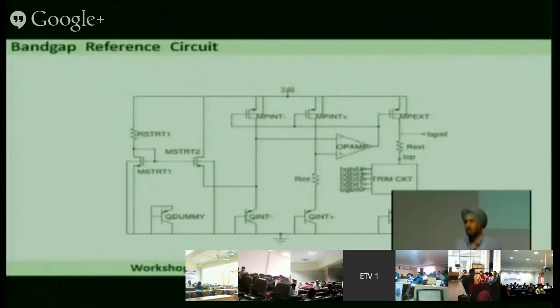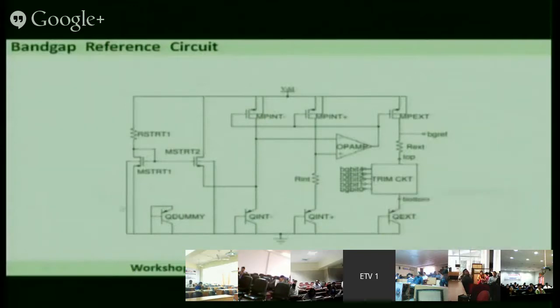Now earlier it was shown as NPN. Here a PNP transistor is used. This is the transistor here, and this is an NMOS used as a current source. You have to bias this transistor, so some current is being fed from here, and this is the base.